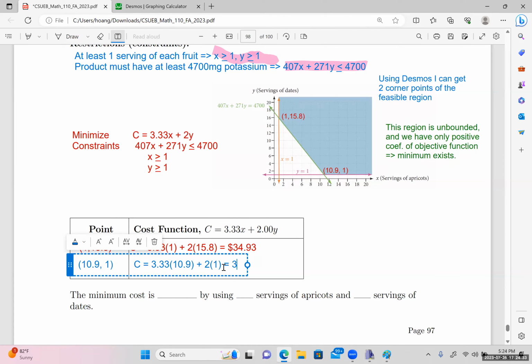So which one is smaller? You see that this guy is smaller, right? Minimize is this guy.